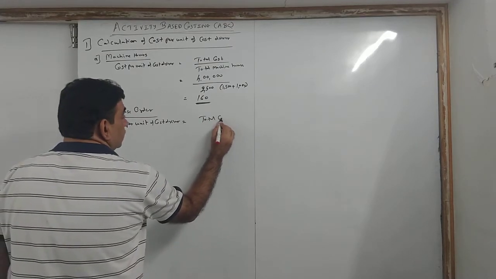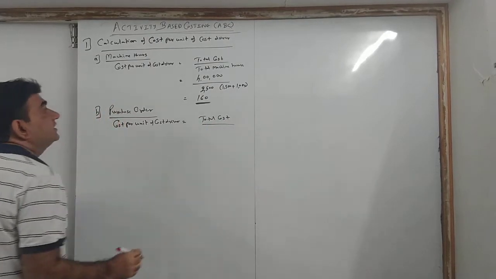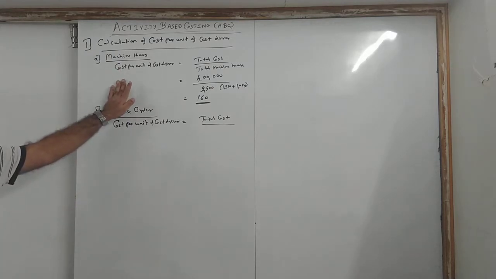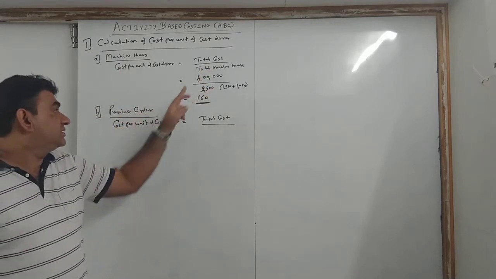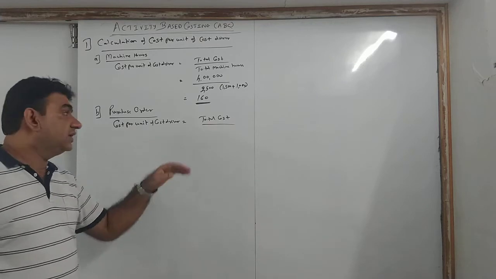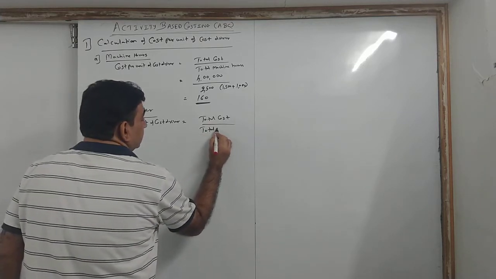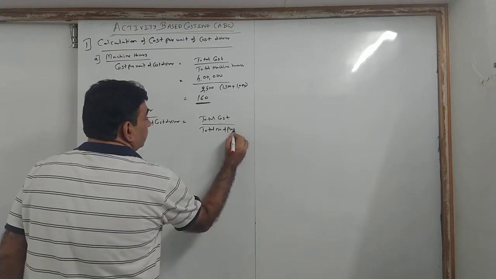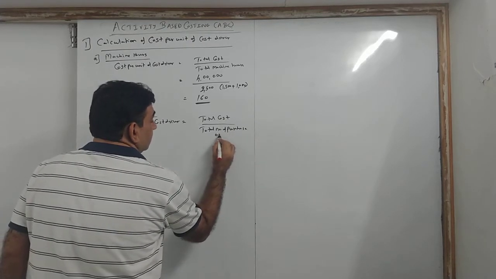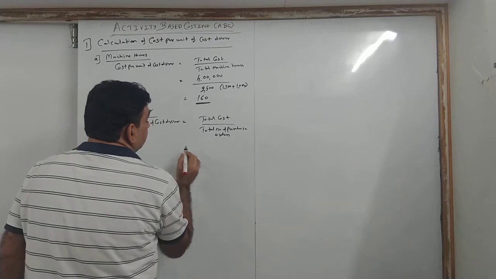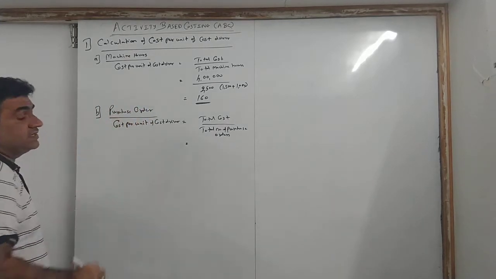Numerator will be the same, total cost. Now listen. In machine hours the base was machine hours, here it is purchase order. So it will be total cost divided by total number of purchase orders.